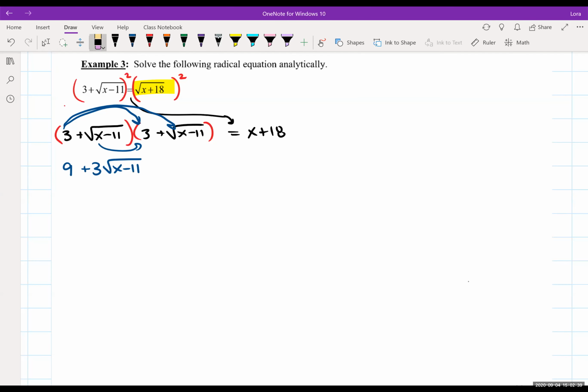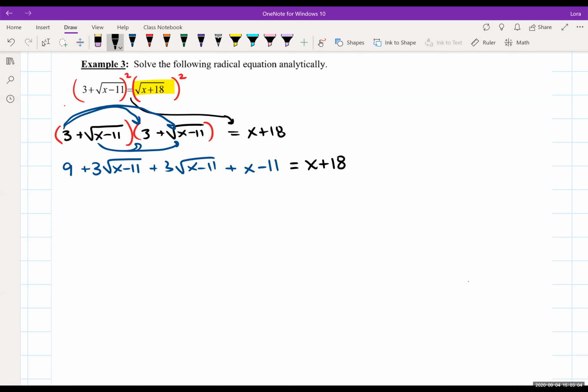Same idea: square root of x minus 11 times 3 is another 3 times square root of x minus 11. Now, when you multiply square root of x minus 11 times square root of x minus 11, you are just left with the radicand back, x minus 11. This is still equal to x plus 18.